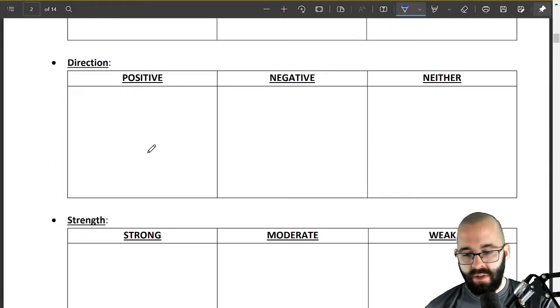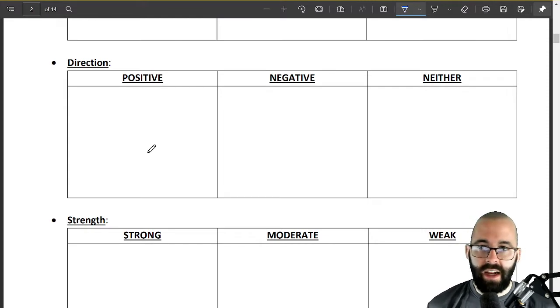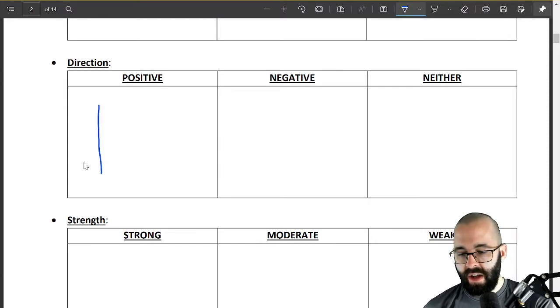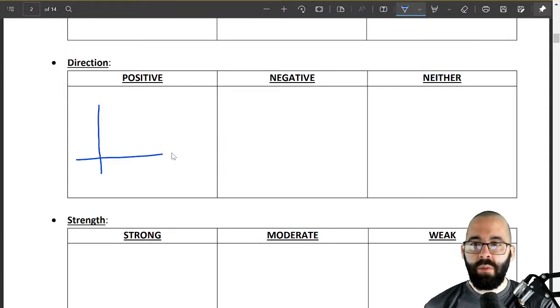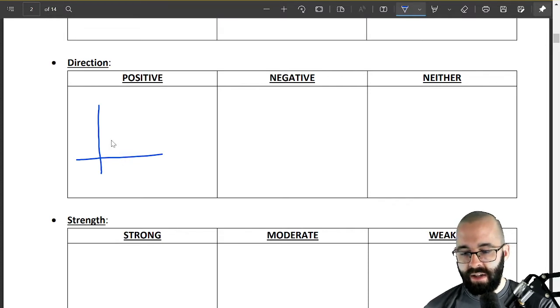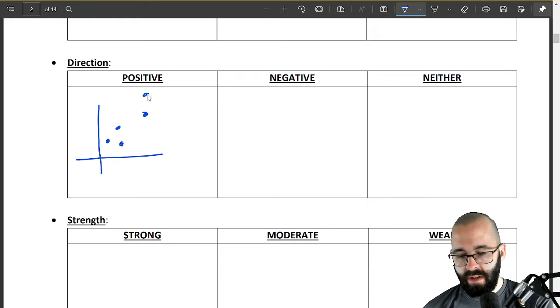The direction, we'll say positive correlation or negative correlation, or neither. Positive correlation means that an increase in one variable leads to an increase in a second variable. So you can think of it like positive slope.